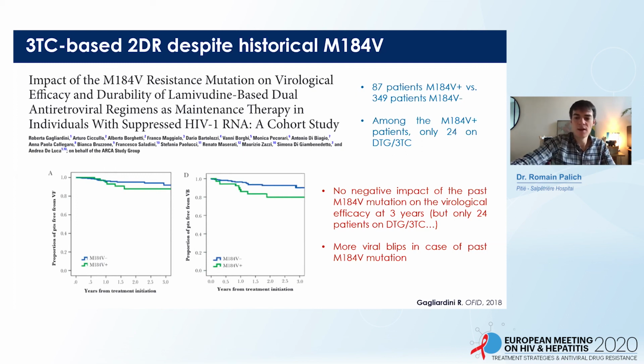Also, the French Dolulam experience has shown a sustained virological efficacy of dolutegravir 3TC in 10 patients with previous M184V mutation. So overall, these studies suggest that dolutegravir 3TC could be a good option for patients with previous virological failure on lamivudine.